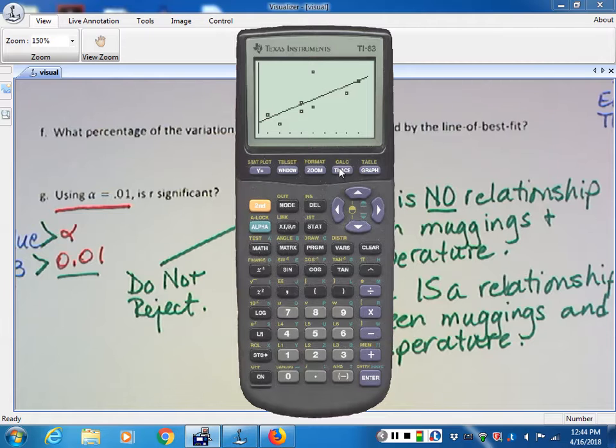Now, if I hit my trace, there it is. That night that it was 91 degrees and there were only 8 muggings. Other than that, it looks like the hotter it is, the more muggings there were in the park, right? Except for that one. That one seems to be a problem.